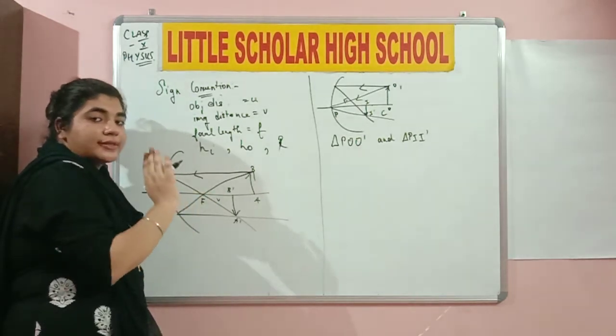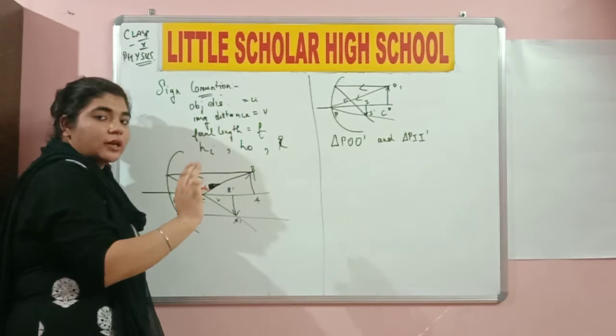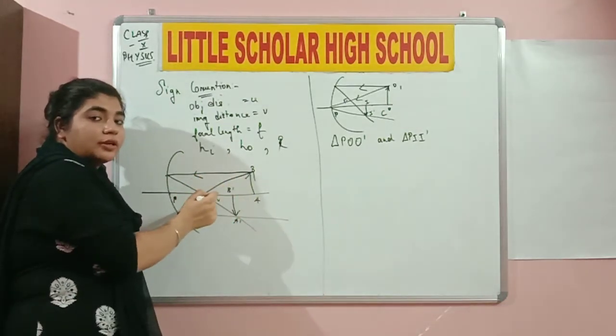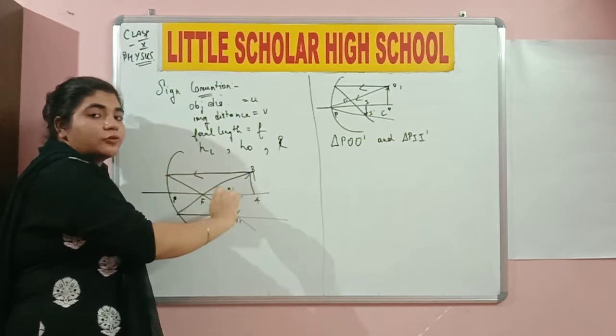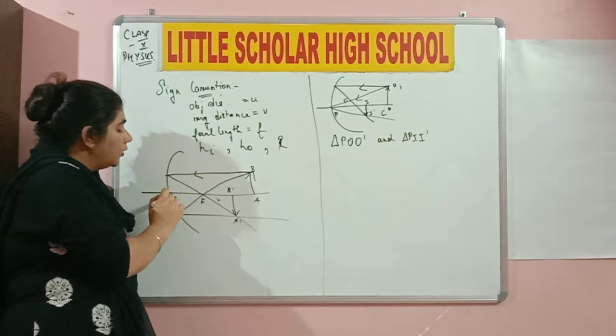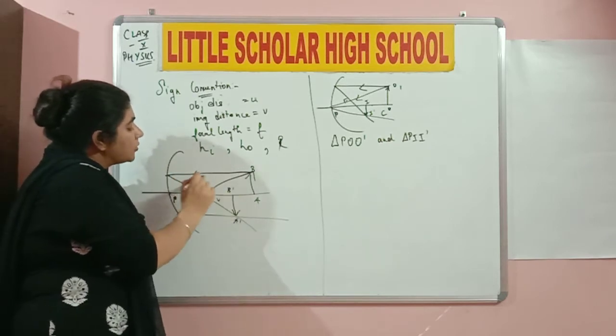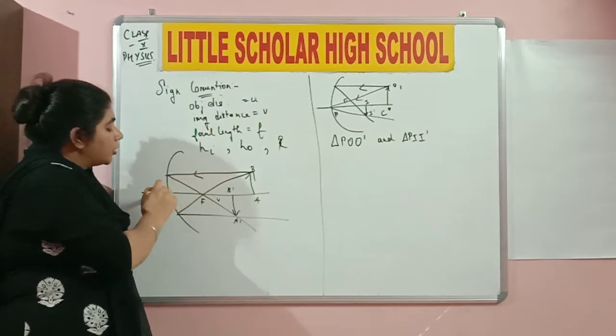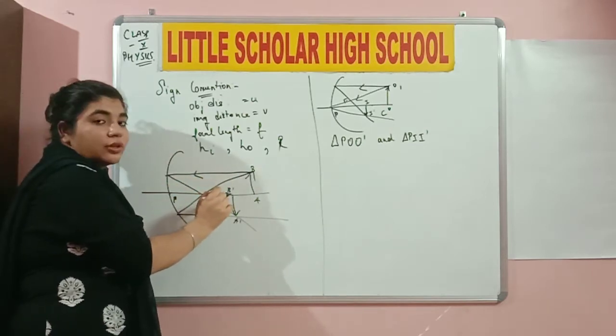Okay, all distances should be measured from the pole class. The object distance is also measured from the pole, and similarly, the image distance should also be measured from the pole. So while I am measuring the image distance from the pole, I am again going in the opposite direction of the incident light. The incident light is in this direction and I am going in this direction while measuring from the pole.